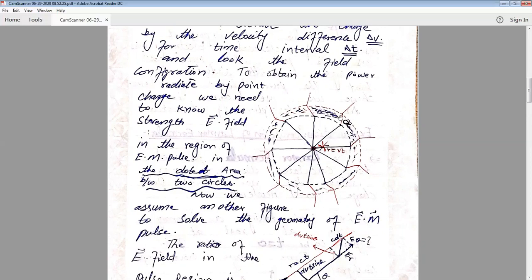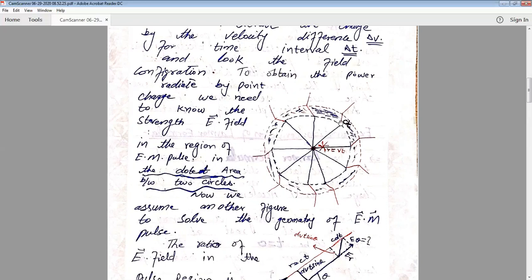अब अगर हम यहाँ पे देखें the dotted area between two circles, the electric field line is not radial, but it is bending at an angle, say angle theta.